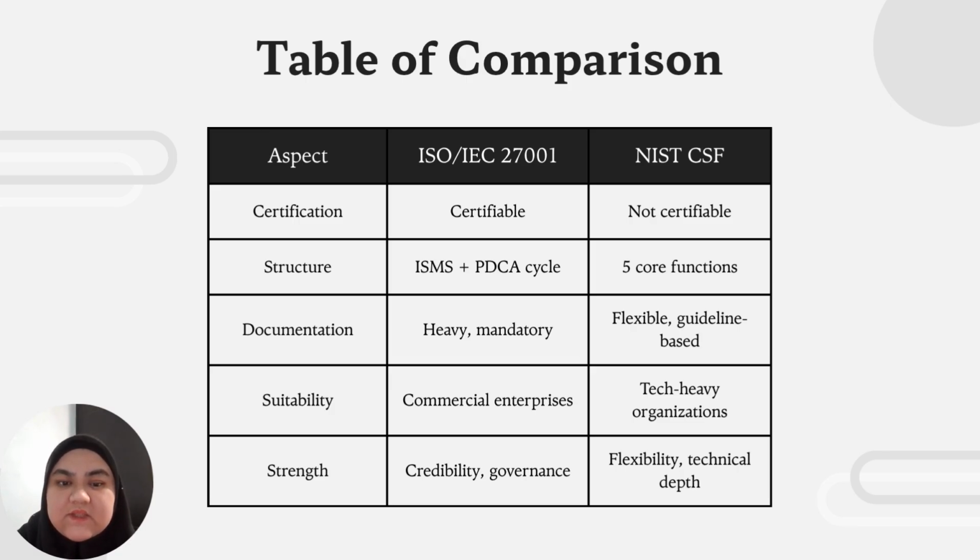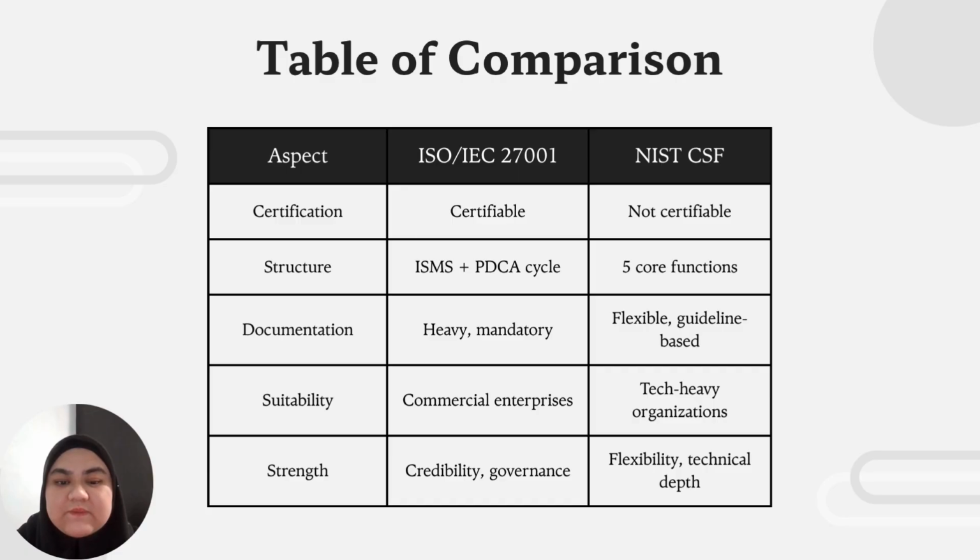Documentation is another key difference. ISO requires heavy mandatory documentation, which can be resource intensive but also provides accountability. NIST CSF is lighter, more guideline based, and allows organizations to adapt documentation to their needs. Looking at suitability, ISO is often chosen by commercial enterprises that need structure, compliance, and certification.